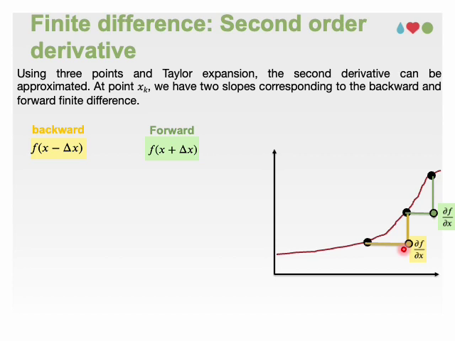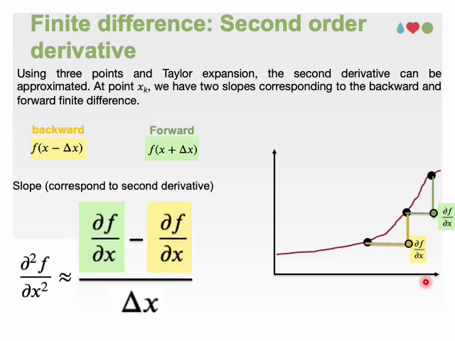These two derivative values are located at a distance of delta x from each other. The slope of these slopes approximates the second order derivative of f at xk as shown in this formula.